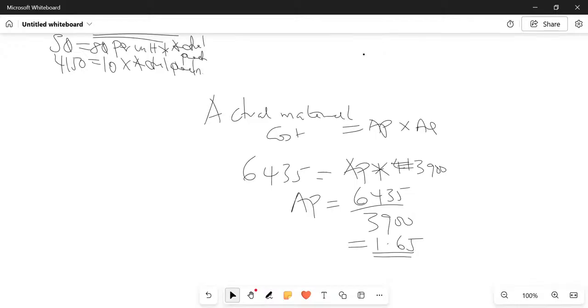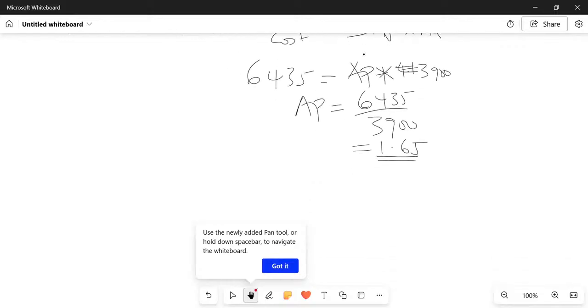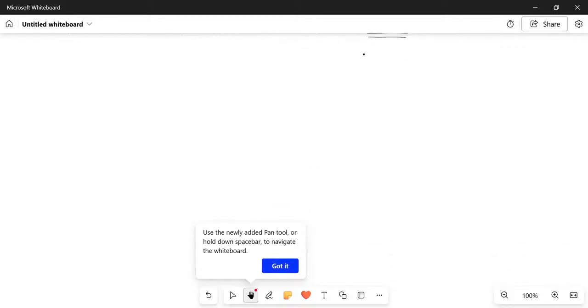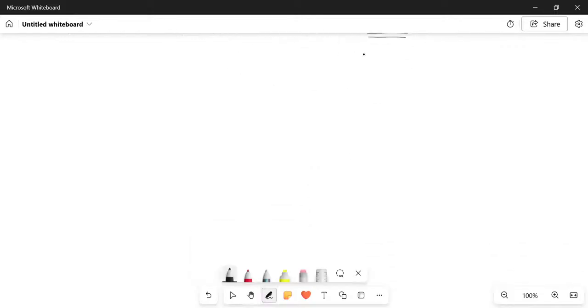So we have labor rate variance, the difference between two rates: standard rate minus actual rate, times what here? Actual hours.